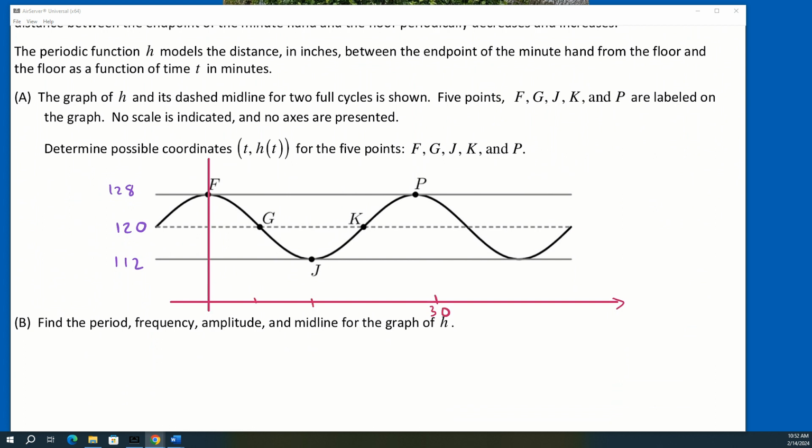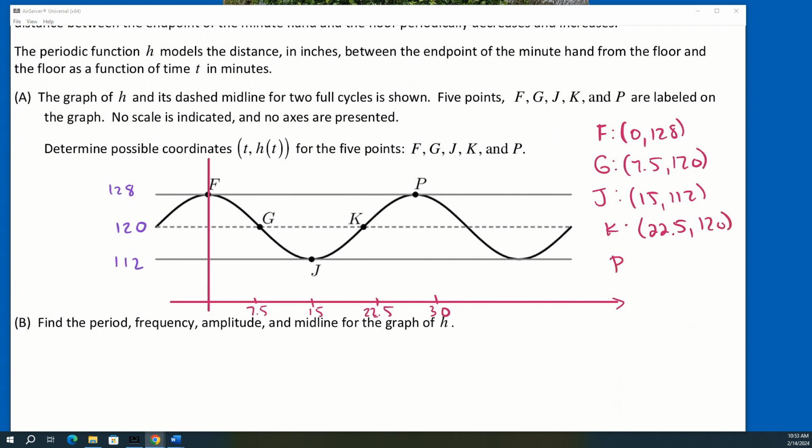All right, and then we find all these halfway points. This is exactly what we did on that first day. And then we can find what these ordered pairs are. Now, these are not the only ordered pairs.